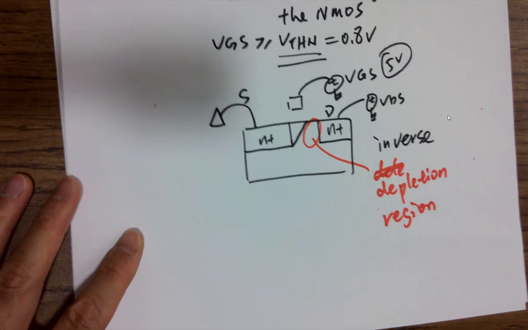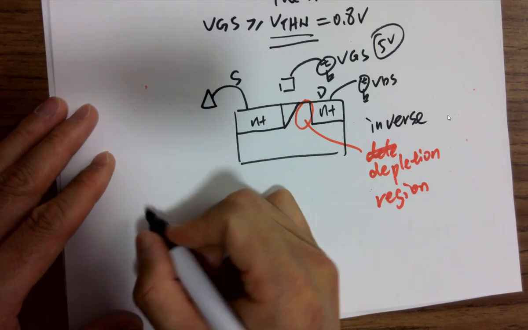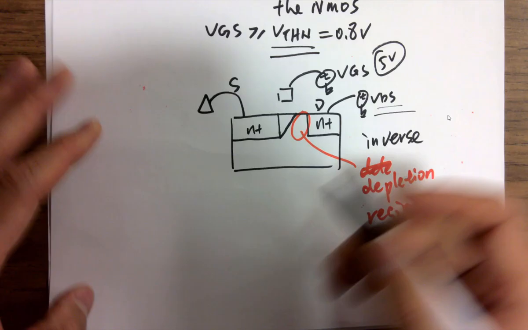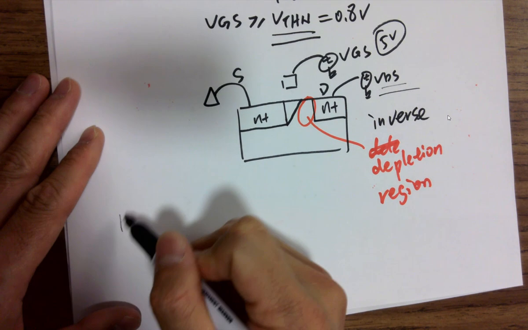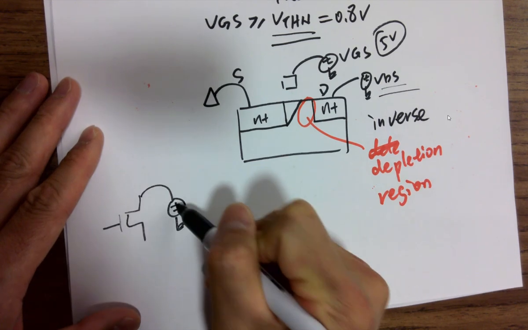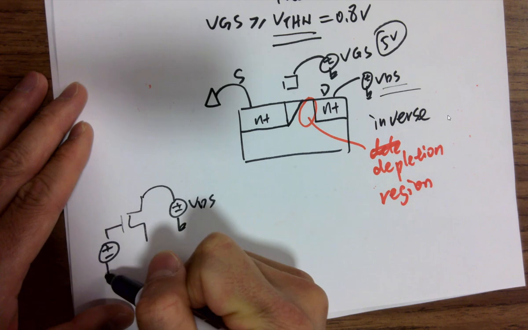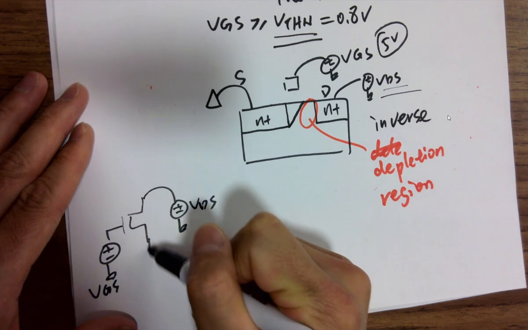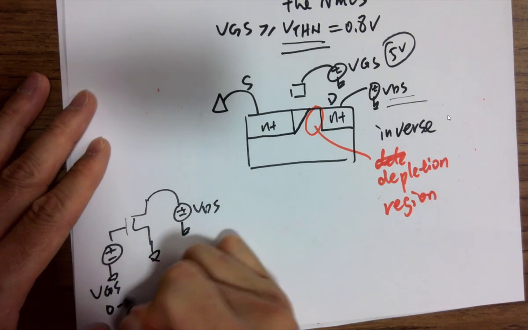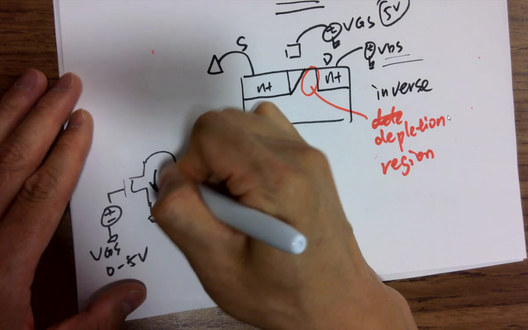If you look at it from a different angle, for example, we keep VDS at 5 volts, and we sweep VGS from 0 to 5 volts. And now we are looking at IDS.